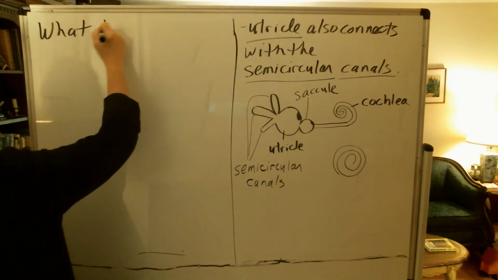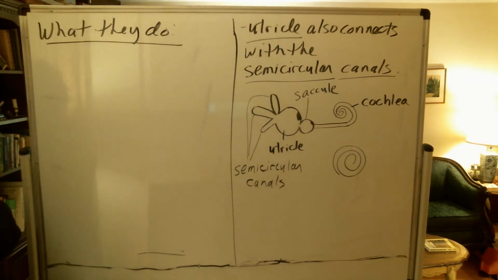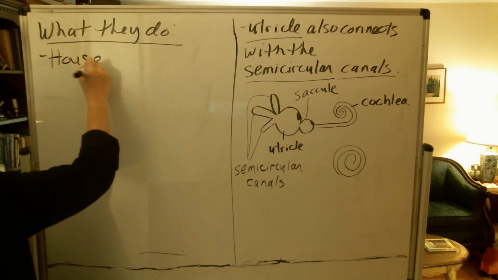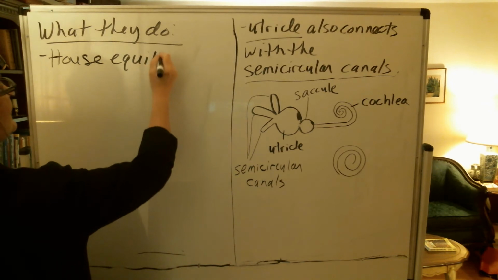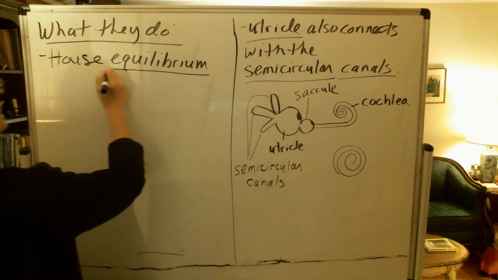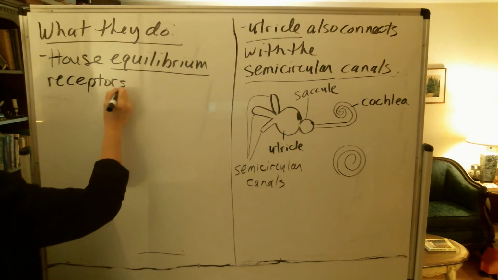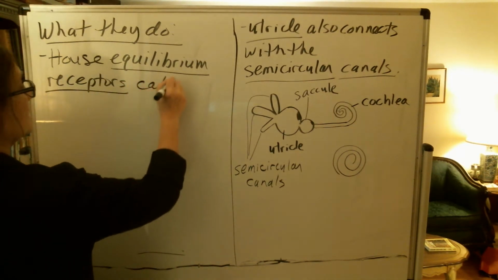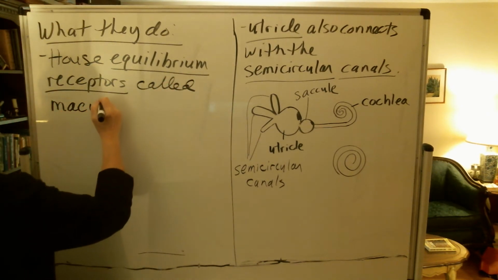So what they do, now speaking of the saccule and the utricle, these house equilibrium receptors that are called maculae.